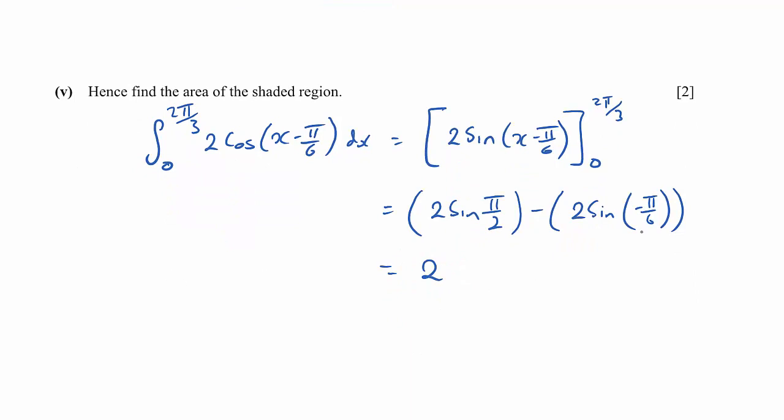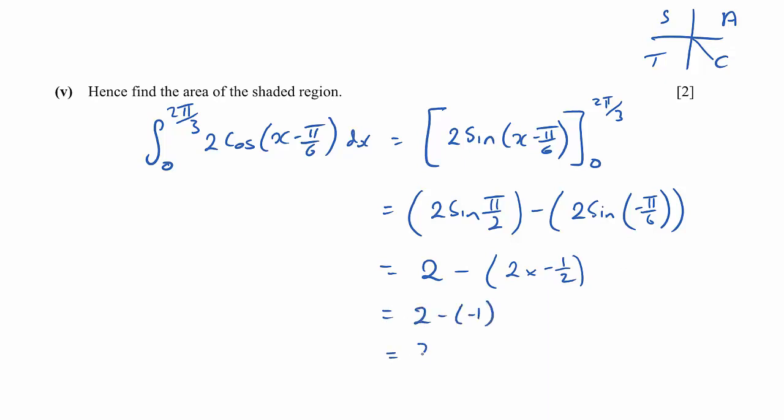Now sine of pi by 6 is a half, but we're in the fourth quadrant here, so it's going to be negative a half. So we're going to have 2 take away 2 times negative a half, which of course is negative 1. So that's 2 take away negative 1, giving us 3 square units.